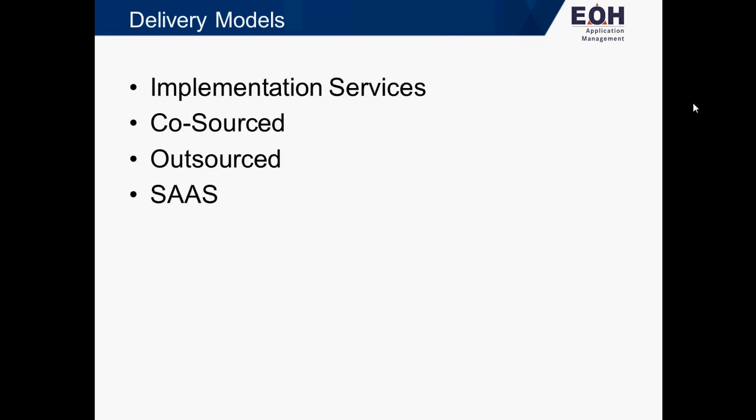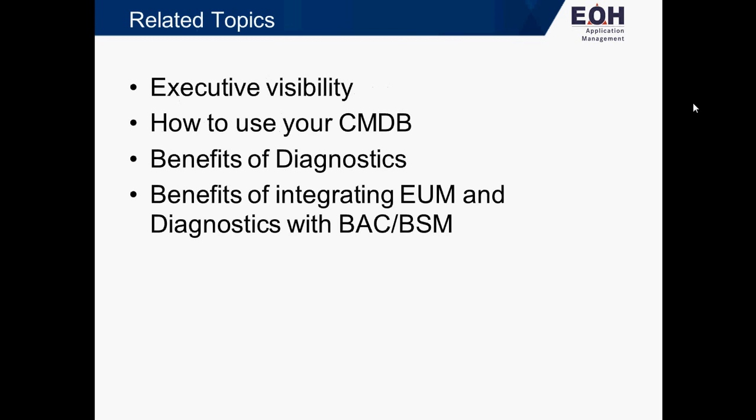We have an outsourced solution where we can literally do everything on your infrastructure and everything else is outsourced. Or we have a software as a service where we have this technology in the cloud and we access your environment, monitor your environment, push that information up into the cloud, and we provide the services on the back of that to run everything down into your NOC, your first tier, second tier support if need be.